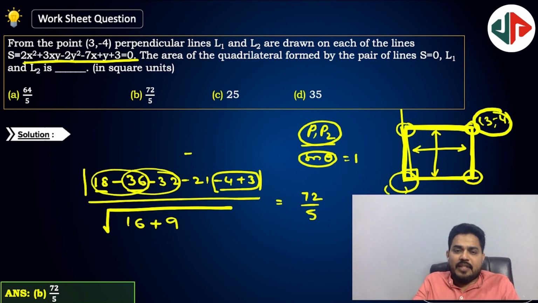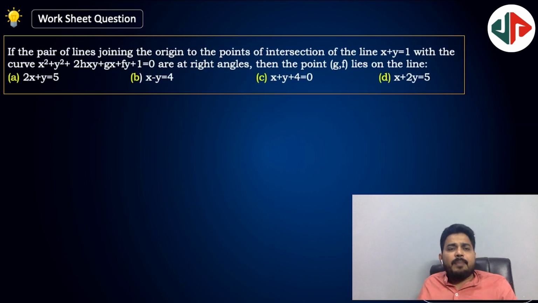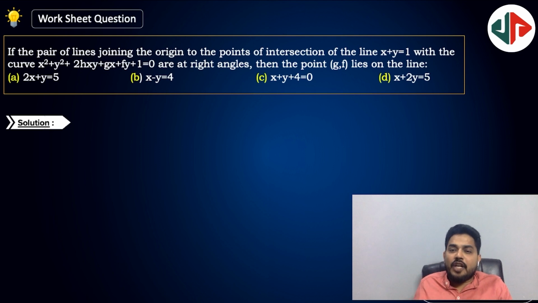Next: if the pair of lines joining the origin to the points of intersection of the line with the curve are at right angle, then (g, f) lies on what? So simply, what is the second degree term? It is x square plus y square plus 2hxy.